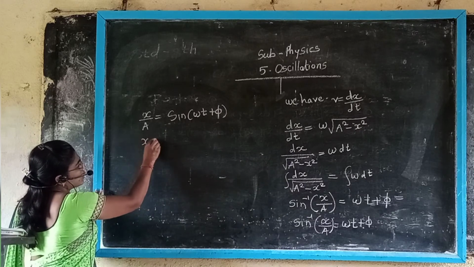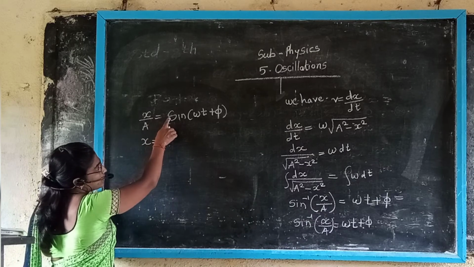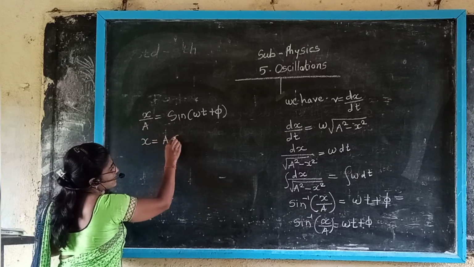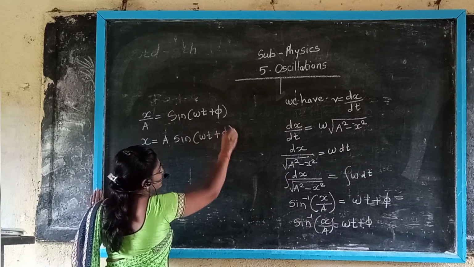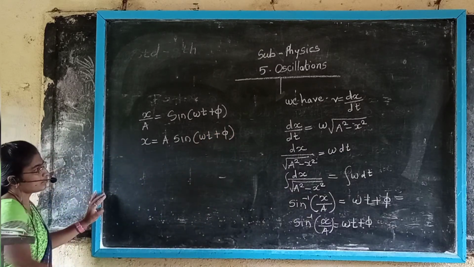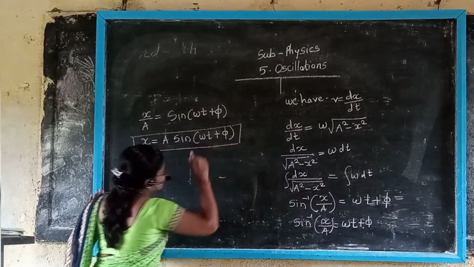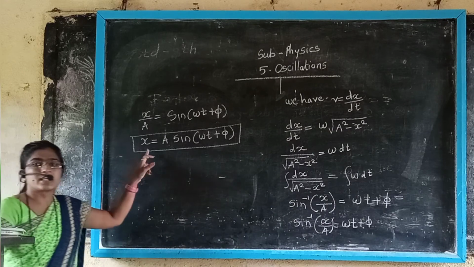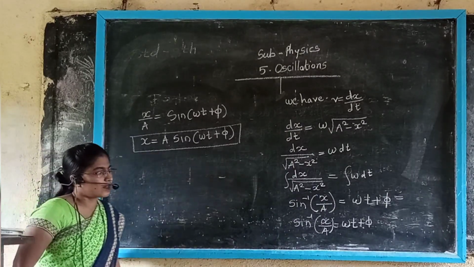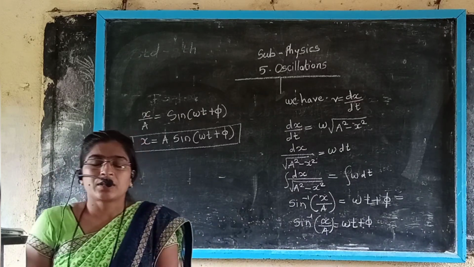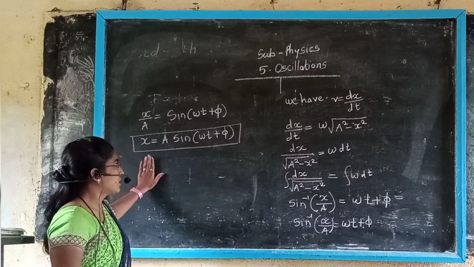Therefore x is equal to a sine omega t plus phi, and this is the expression for displacement of linear SHM. Here we see the equation of acceleration, the equation of velocity, and this is the equation of displacement.